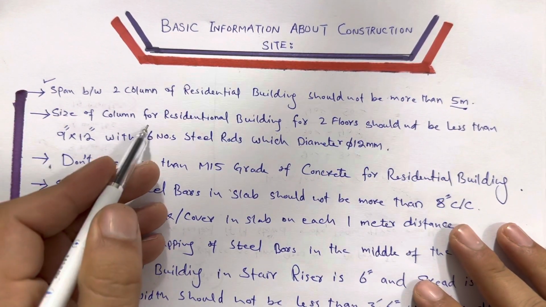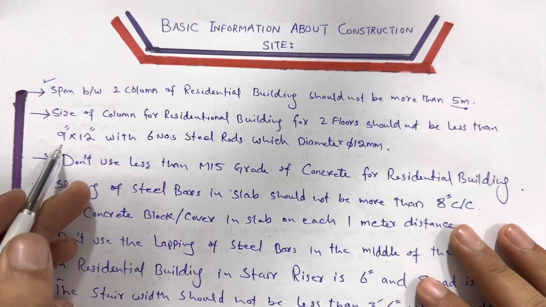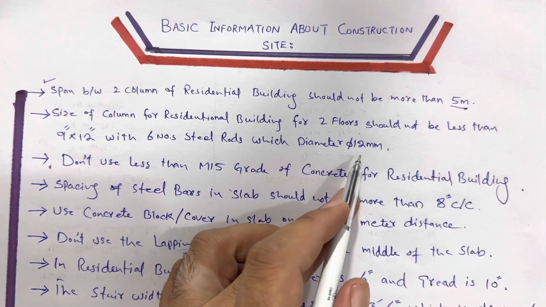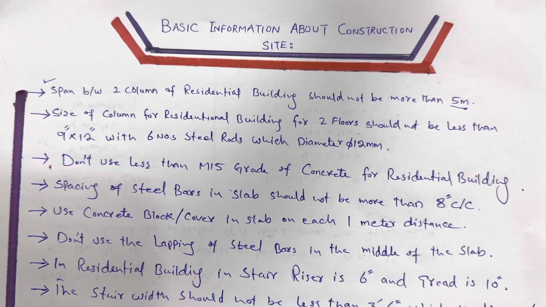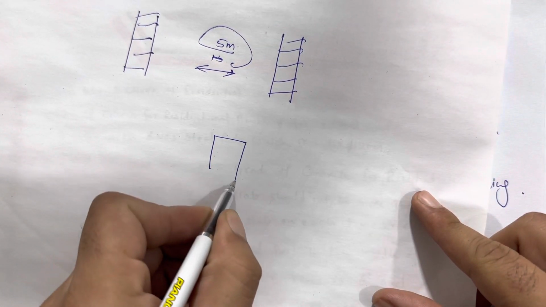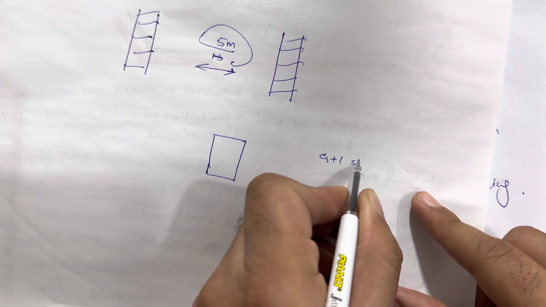Next, guys, the size of column for residential building for 2 floors should not be less than 9 by 12 inches with 6 numbers of steel rods, which diameter should not be less than 12 millimeter. 2-story means G plus 1 story.